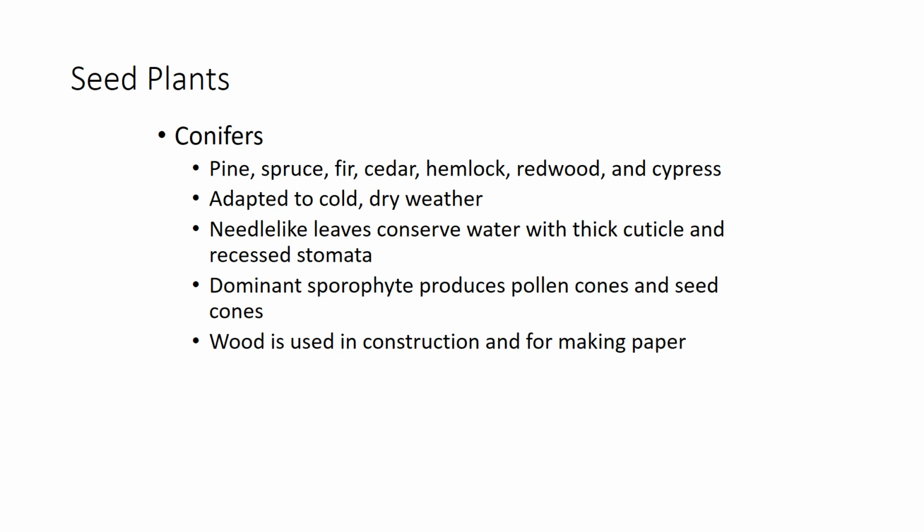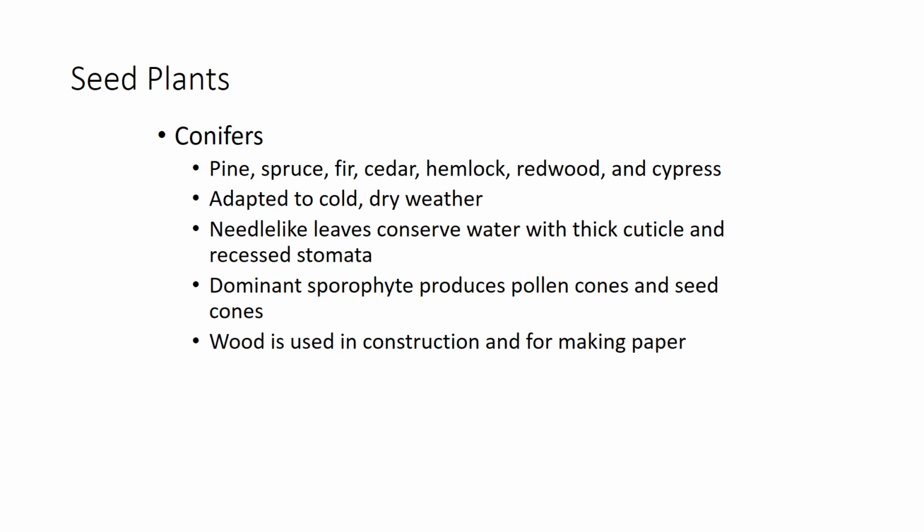Conifers are very important for making paper, and also in construction, like for building houses. We get a lot of our wood from conifers, for building buildings and all. And chemicals are also extracted from the rosin or the pitch. Pitch is actually the substance that protects conifers from attack by fungi and insects.